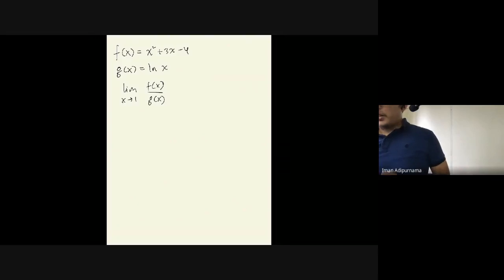You can do the L'Hopital rule here, but let me draw some graph.